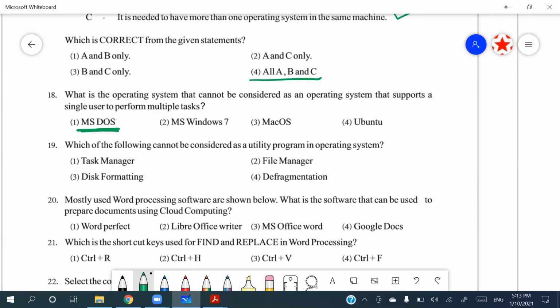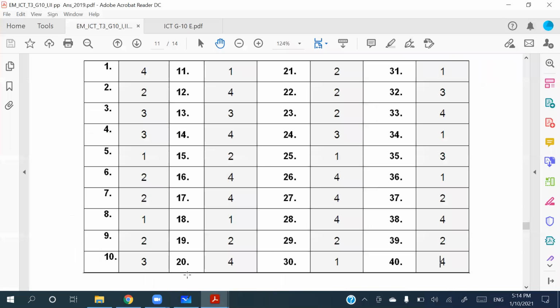Are they asking which cannot be? Yes, task manager is a utility program. Formatting is a utility program. Defragmentation is a utility program. So that gives you the chance to say file manager is not a utility program, right? For the 19th, yeah, it's the second answer.